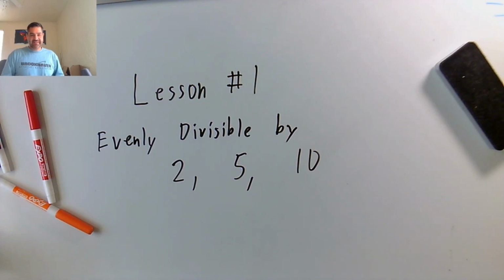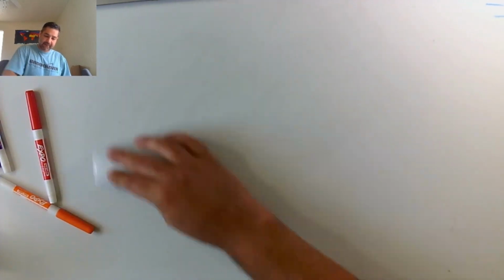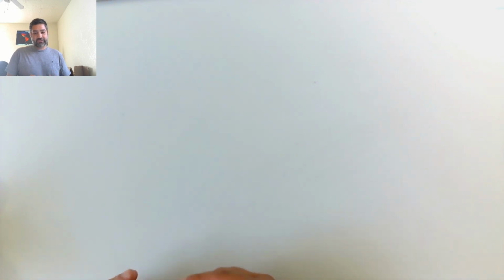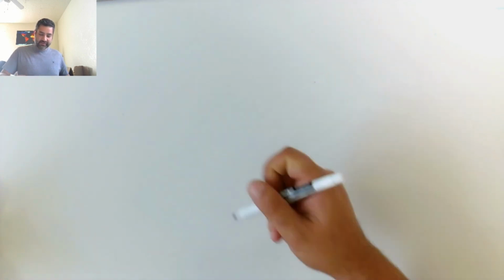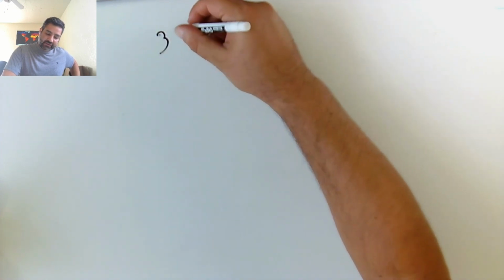Lesson number 1, evenly divisible by 2, 5, and 10. All right, so first I'm going to show you how to figure out if it's divisible by 2, 5, and 10, and then I will tell you why. Now, 2s, 5s, and 10s are the easiest ones because all you got to do is look at the last number.